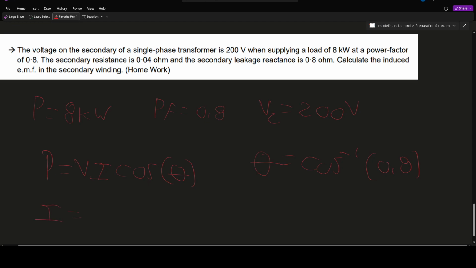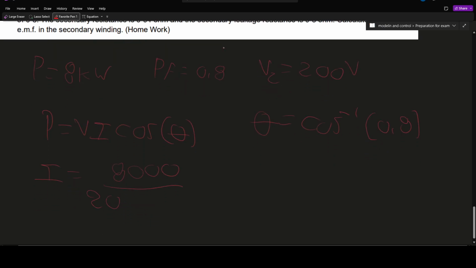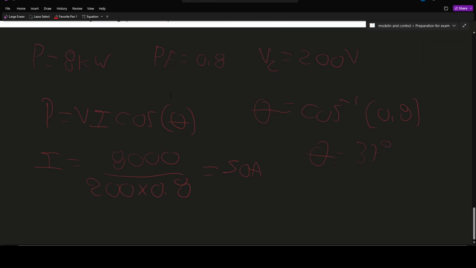We know that the power is 8,000, the voltage is 200, and cos of this angle is just the power factor, 0.8. This will give us 50 amps. Just for completeness, this angle is going to be 37 degrees.